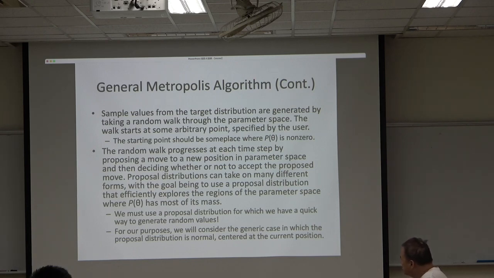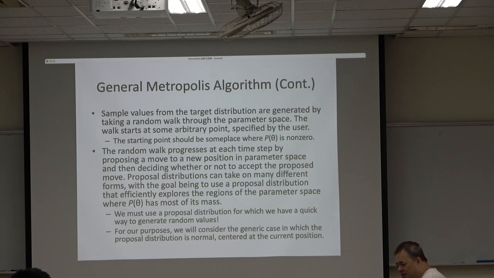This proposal distribution can take on many different forms, with the goal being to use the proposal distribution that efficiently explores the regions of the parameter space where p theta has most of its mass.